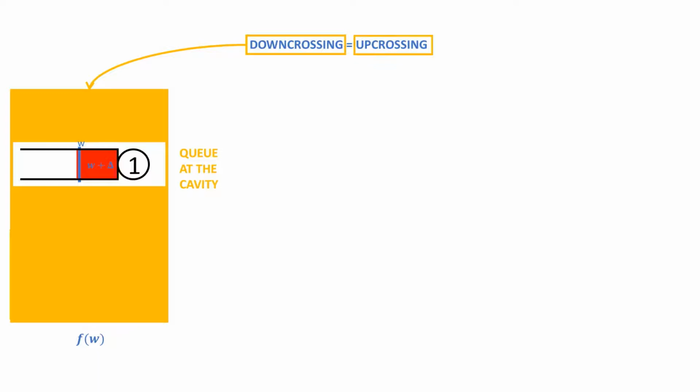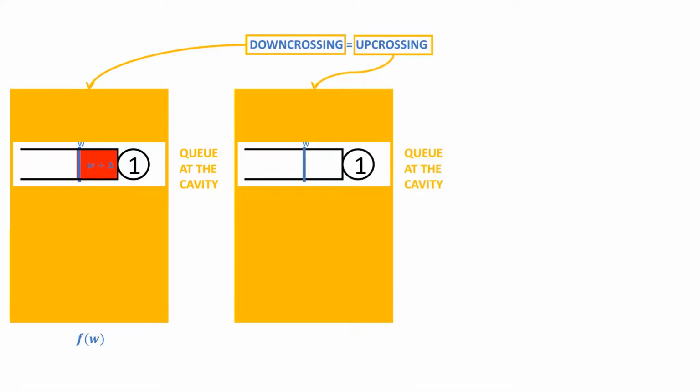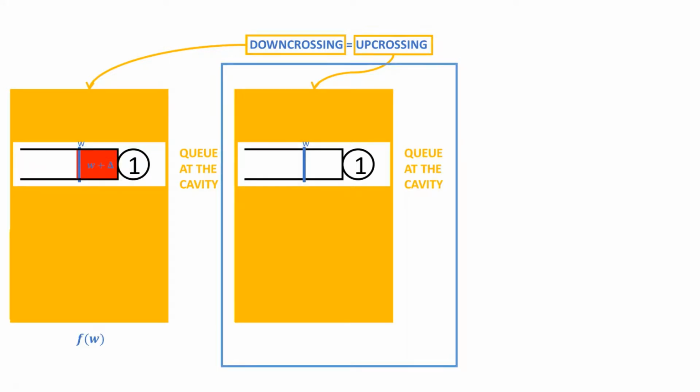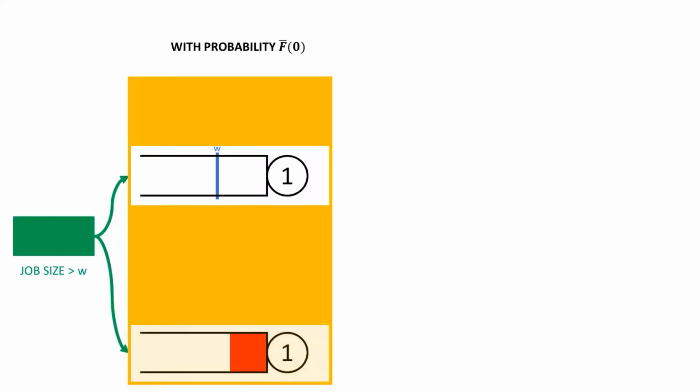For the upcrossing rate, we consider two separate cases. In the first case, we assume the cavity queue is empty when a potential arrival occurs. Zooming in on this case, we again consider two cases for the state of the second selected queue. In the first case, the other queue may have some work present, and we assign the incoming job to the cavity queue.